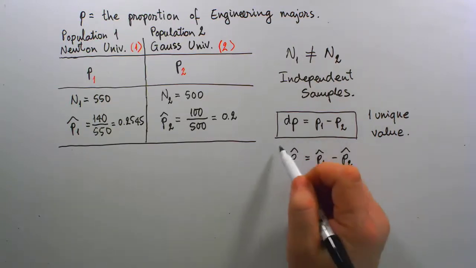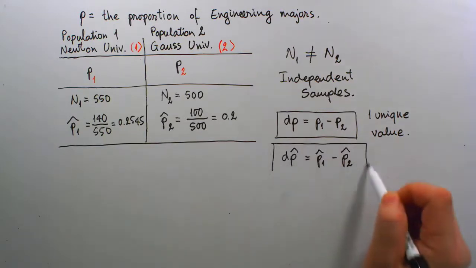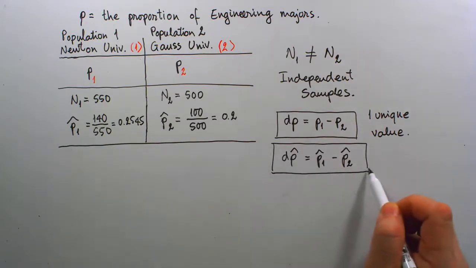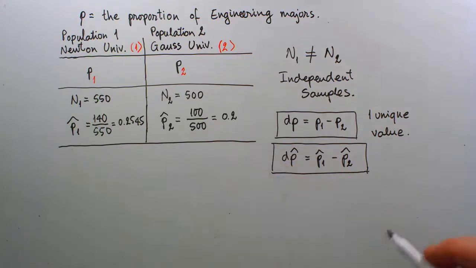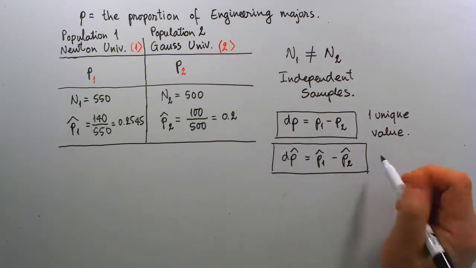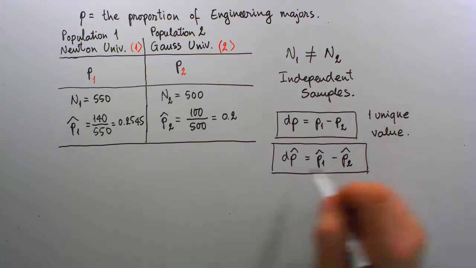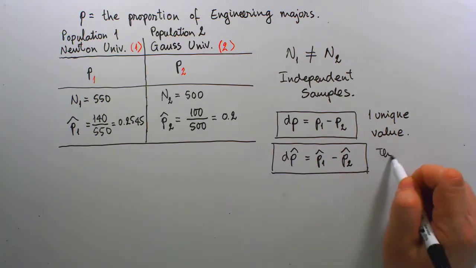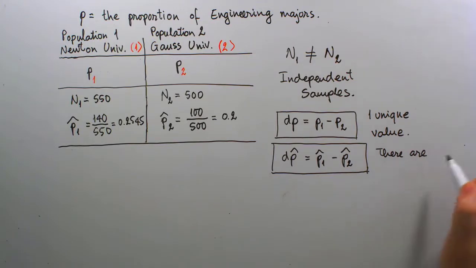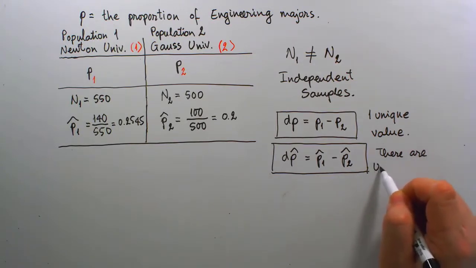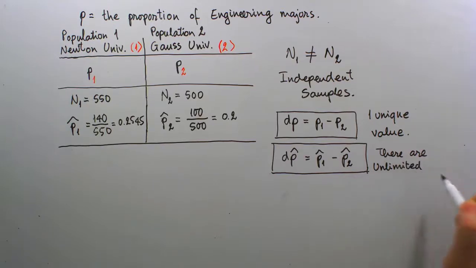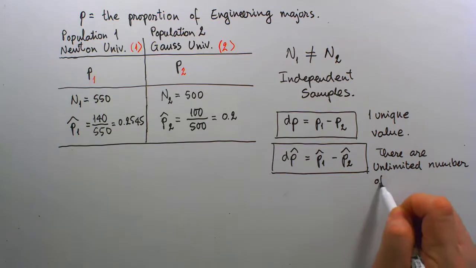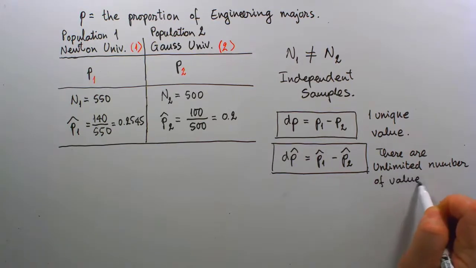That's how, as we recall from the general lecture, we define a dP hat value, a sampling difference. Consequently, for this dP hat, there are an unlimited number of values.